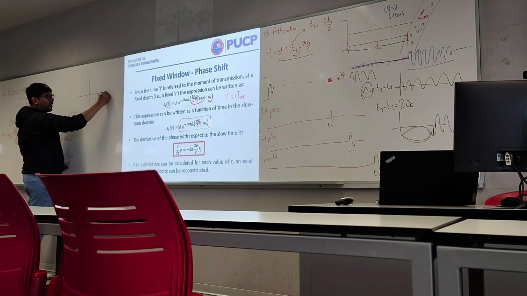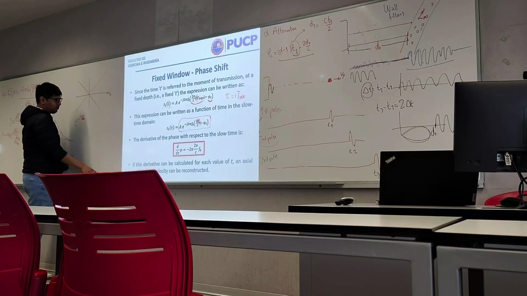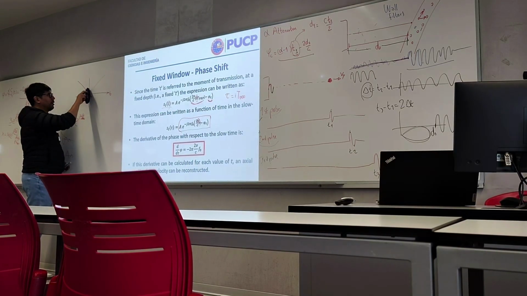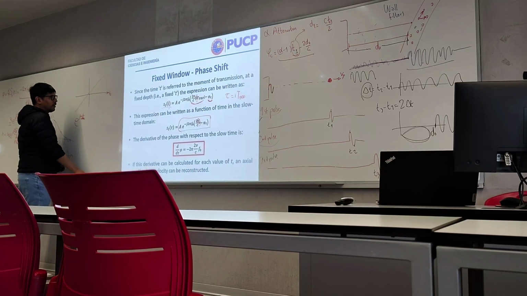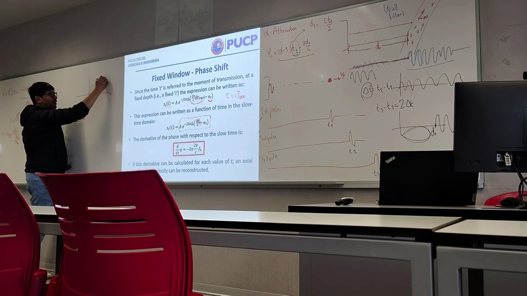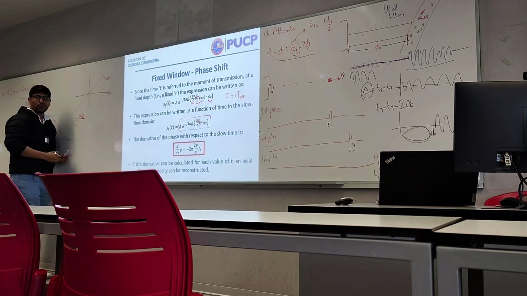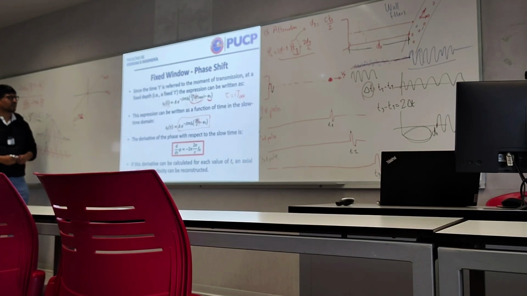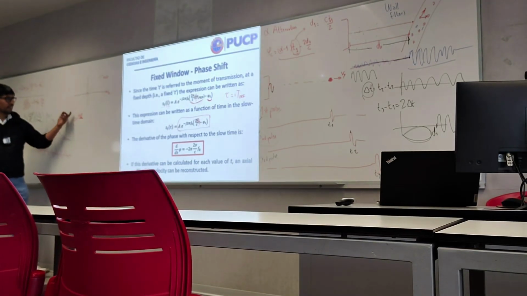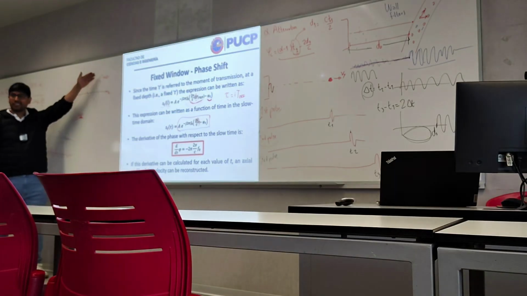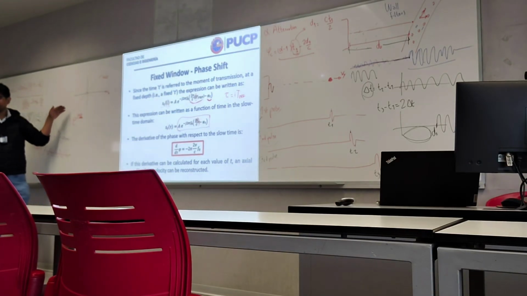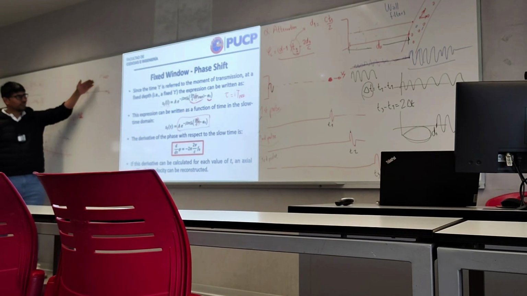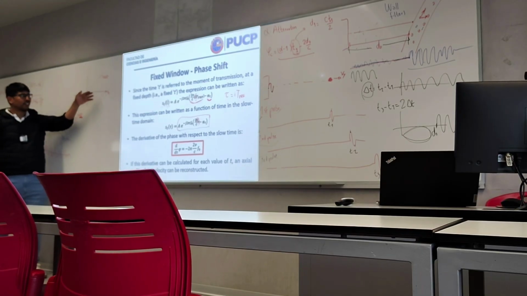So you graph that versus time, it's something like this, or something like this. This represents omega 0 times t. So yeah, the phase is something that is linear. Typically, no? We want this to be linear.